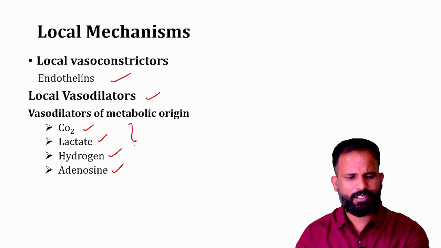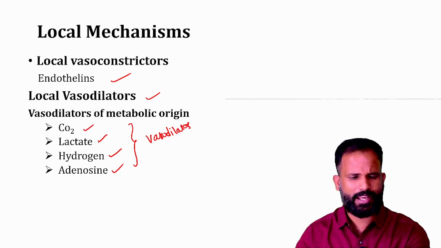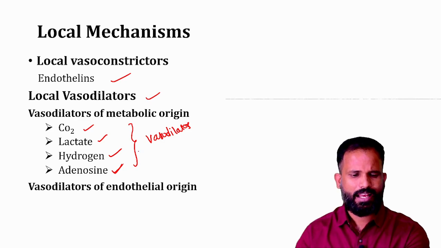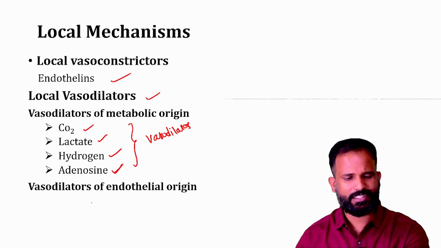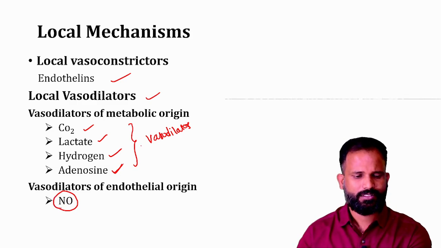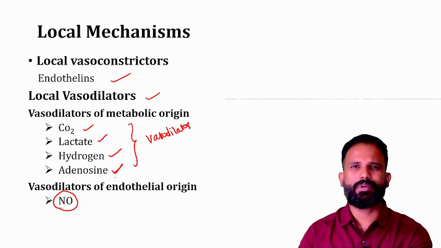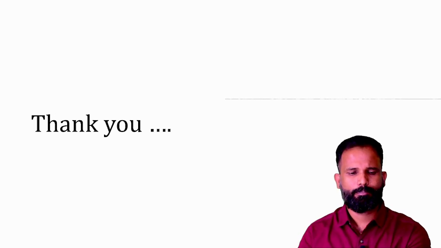These are all vasodilators of metabolic origin. So increased metabolism, more carbon dioxide, more lactate production, more H plus production, and more ATP is broken, adenosine is produced. And vasodilators of endothelial origin are nitric oxide, which causes vasodilatation. So these are the local mechanisms which alter the BP.